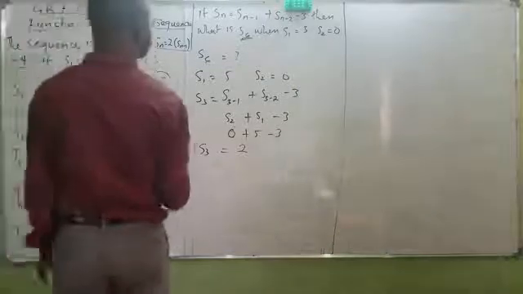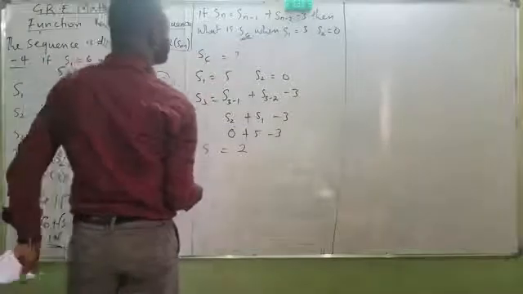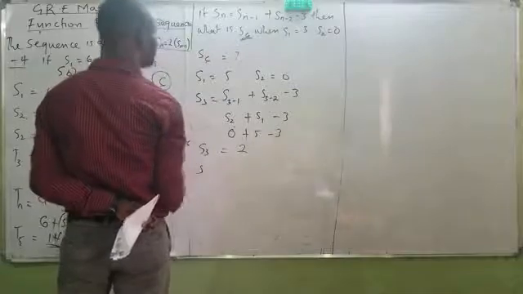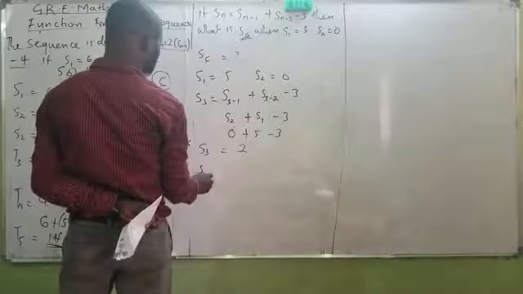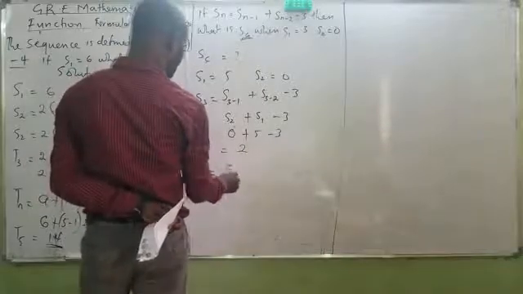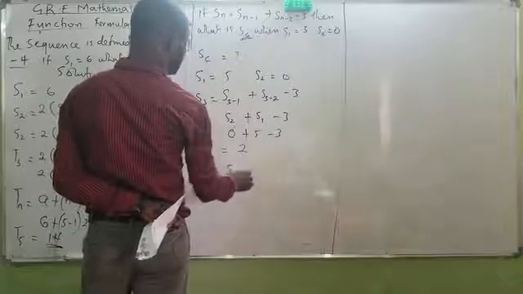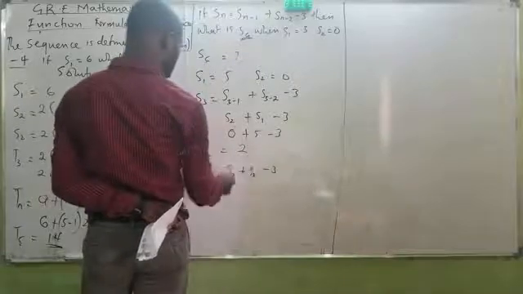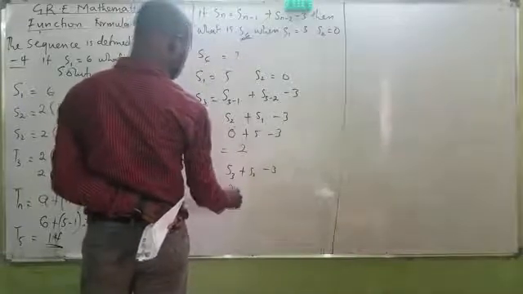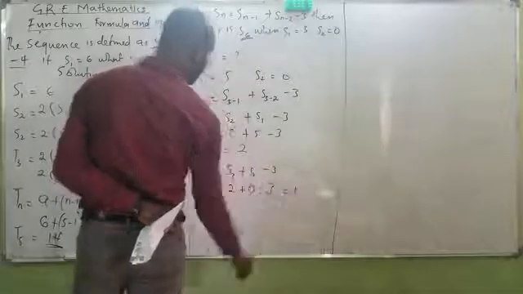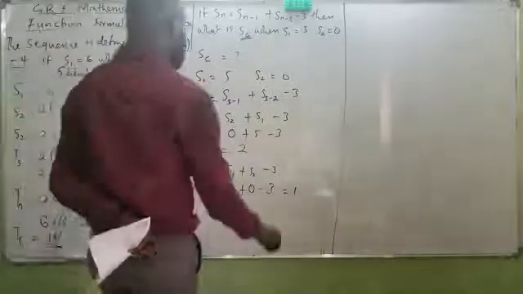Now, we are looking for S4. S4 equals S3 plus S2 minus 3, which I'll be having, what is my S3? 2 plus 0 minus 3, which is going to be minus 1.